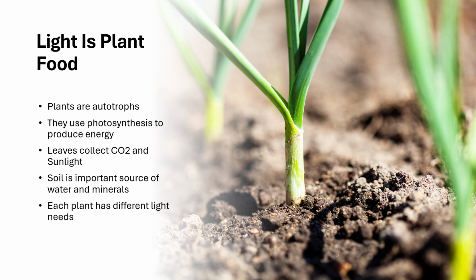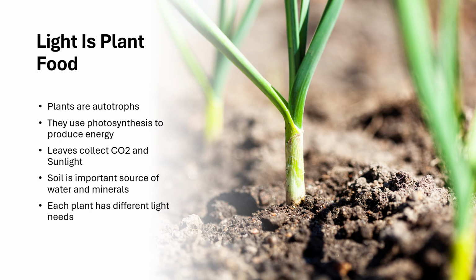It's super cool. Anyway, photosynthesis is performed by the plant using its leaves to collect CO2 through microscopic holes, and this is how the plant breathes. The leaves collect sunlight and take in CO2, and then they use what's called chloroplasts to create glucose or sugar, or basically plant food.